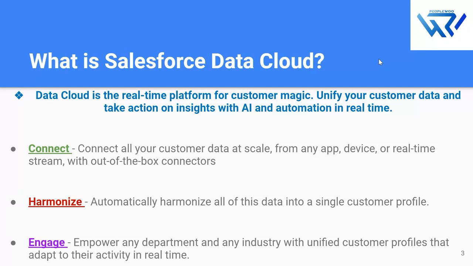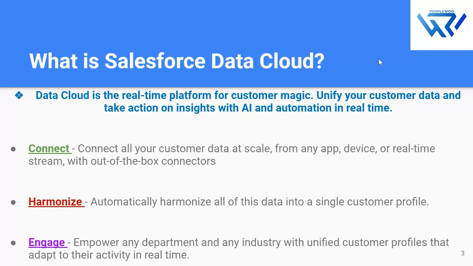Once you have the single customer profile, you can engage that data. It helps you engage data in multiple different scenarios. For example, you have six different profiles which are unified into a single customer profile. You will only engage a single customer profile, that is the targeted engagement. Engagement can be done in Marketing Cloud.